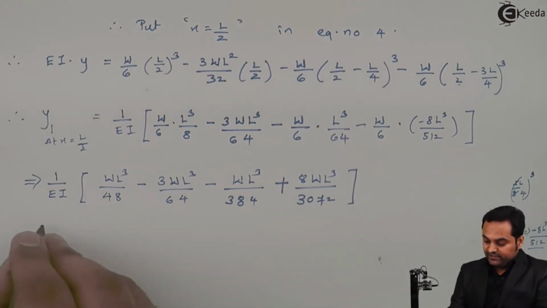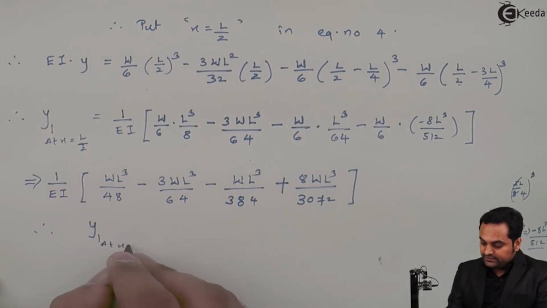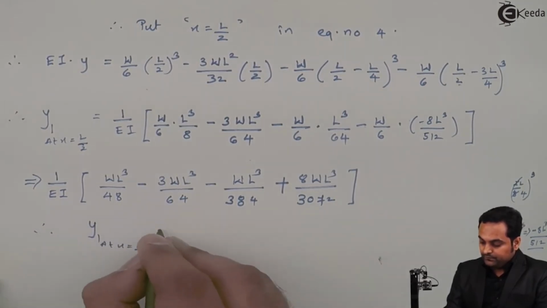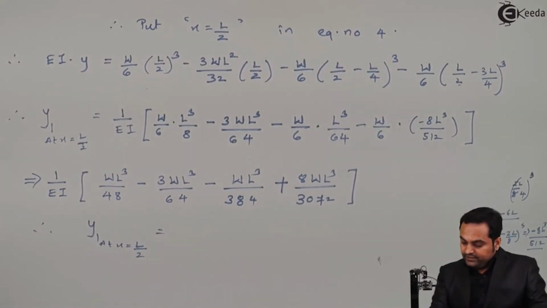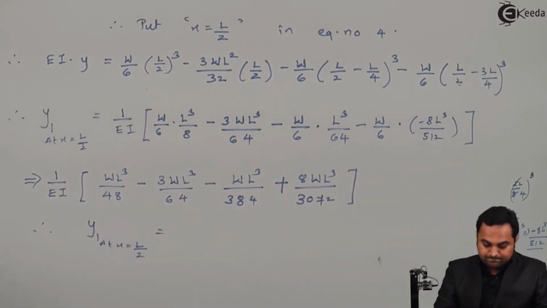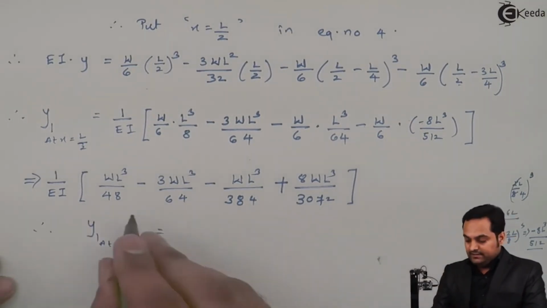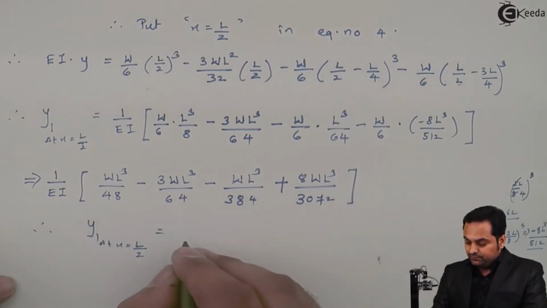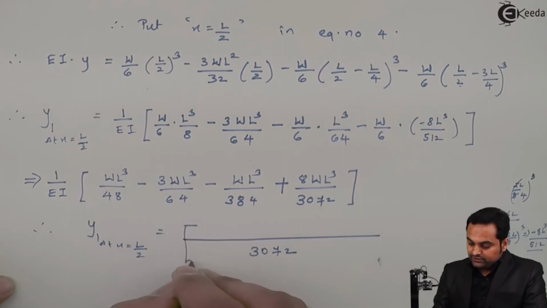Next, after reaching here, when we would be simplifying this, y at x is equal to L by 2, I'll first take this as the LCM, which is 3072. Outside the bracket we have 1 upon EI.